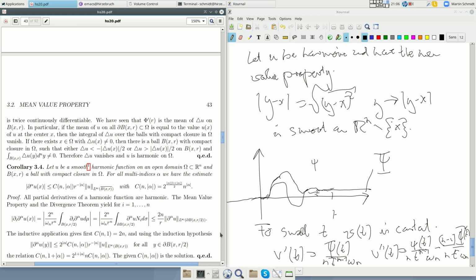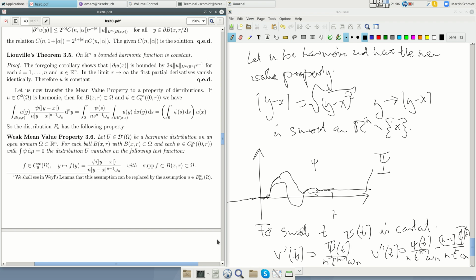Then we had these strong estimates for all derivatives. We had Liouville's theorem, and we showed that any harmonic distribution solves the weak mean value property. So we generalized our mean value property to a weak mean value property, which we can also apply to distributions.